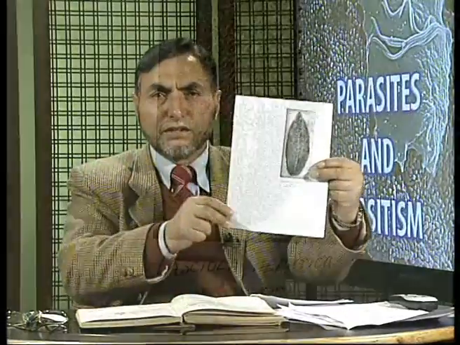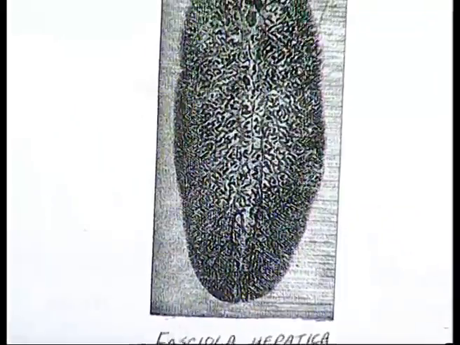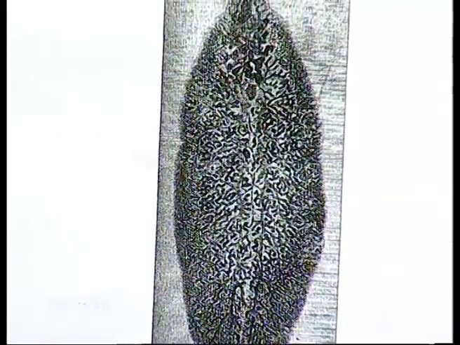if we take another such worm, which is found solely in the intestines of man, known as Fasciolopsis buski. This fasciola, we have seen the Fasciola hepatica is just oval in shape, and it is having a cone in the anterior end.